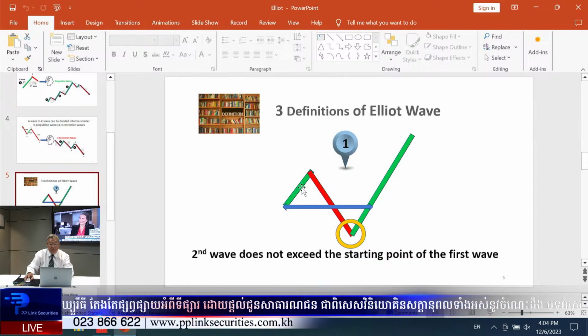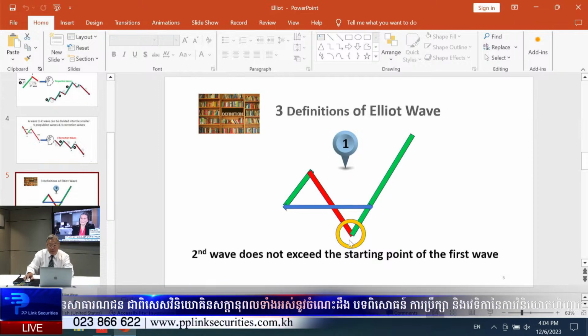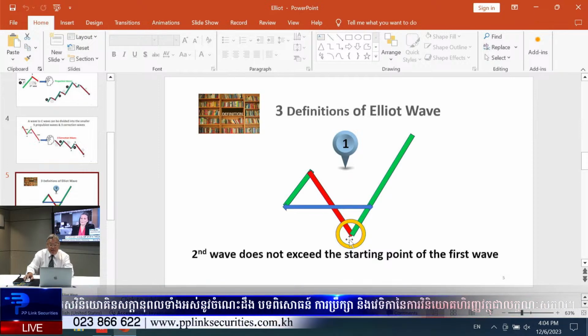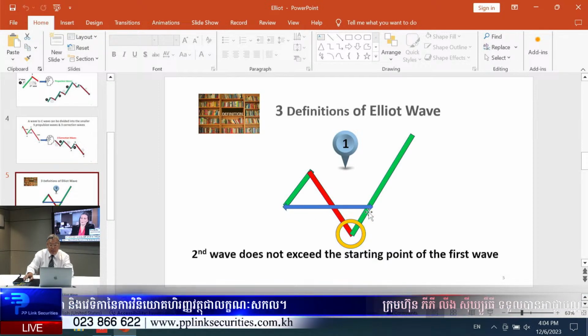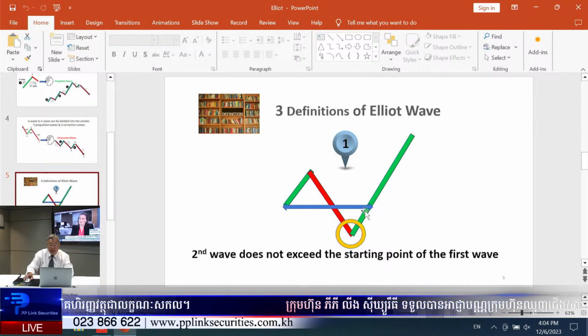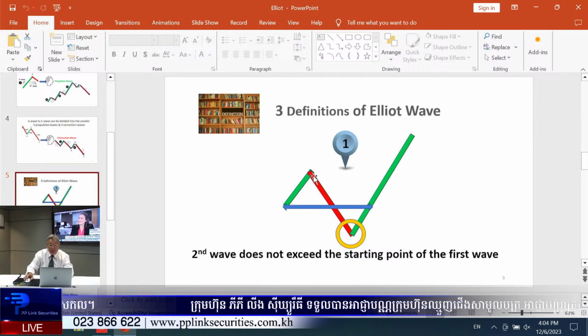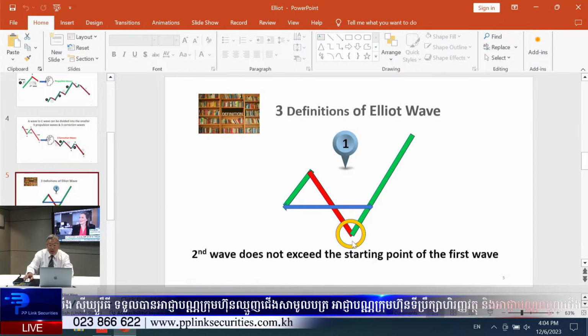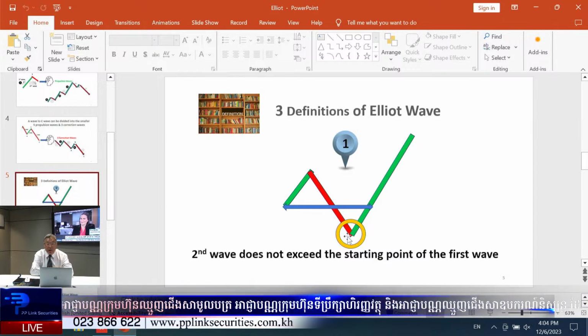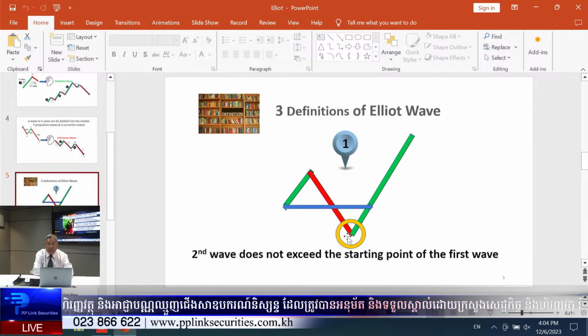This is the first wave, right? Second wave. But if the second wave exceeds the starting point, this is the starting point. Wave 1 started at this level, okay? But unfortunately, in this downtrend, the candle breaks this starting level up to here. This is not called a correct Elliott wave.